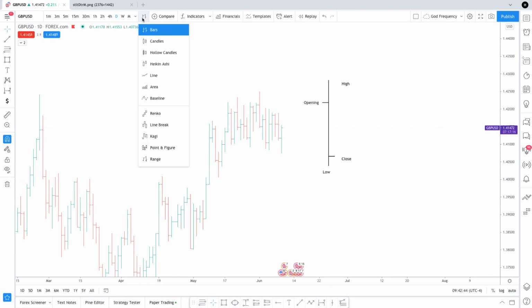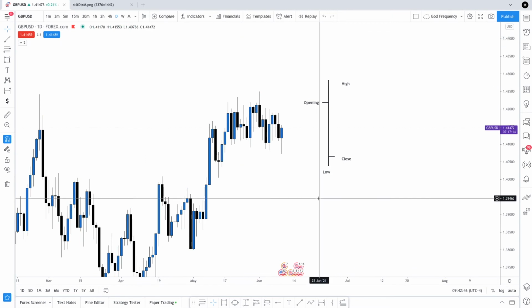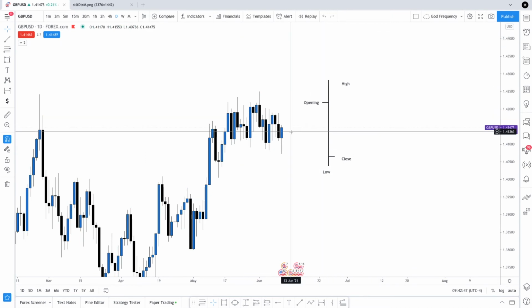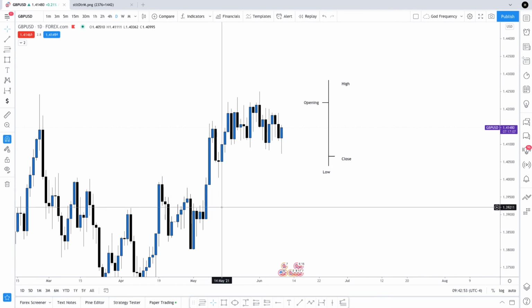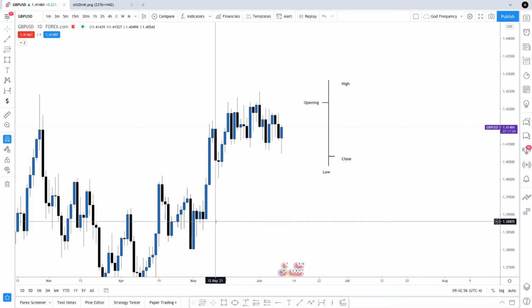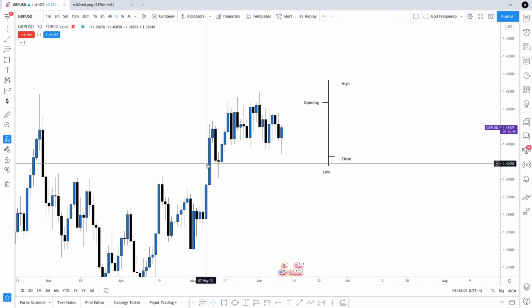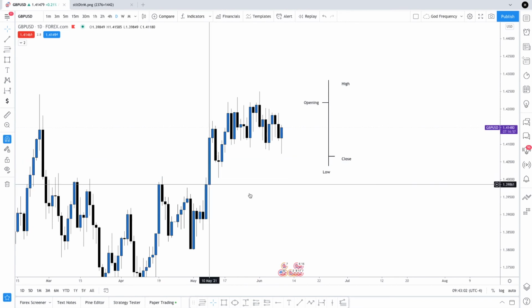We obviously have been trained to use Japanese candlesticks, but even I can see it. For instance, like this candle here, we had an opening, we had no wick at the bottom, we just had a high, and then we had a close.